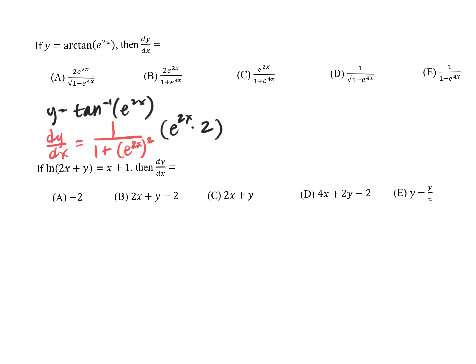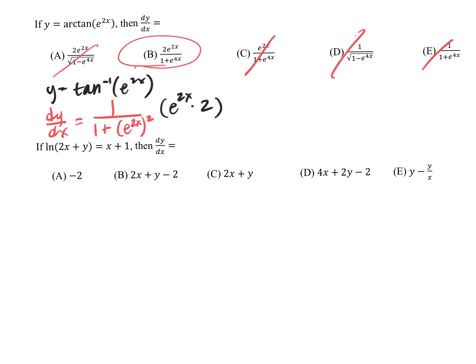Probably. I agree it's not D or E because we got a lot going on up top. We got a 2e to the 2x on top. Oh, and then they're trying to tell us that we're fine with that square root. Nah, we feel good that when we have a power to a power, you multiply them. 2x times 2 would get me 4x. Good job. This is a lot, you guys.